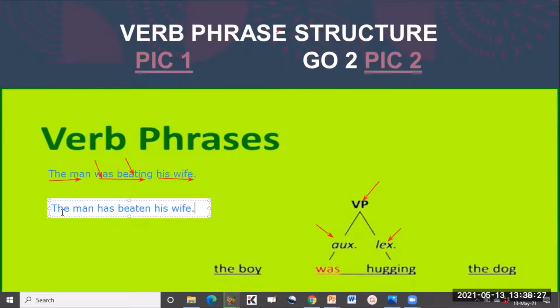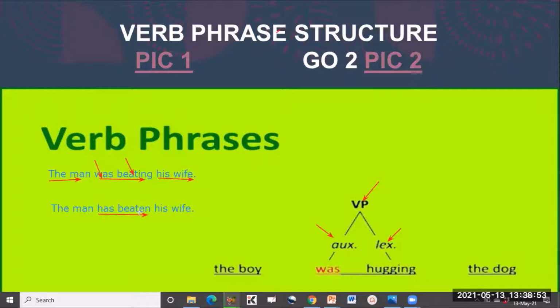Now, this is another way of forming the verb phrase. Here we are using the auxiliary, the has, which is the form of have, combining it with a past participle to form a verb phrase.